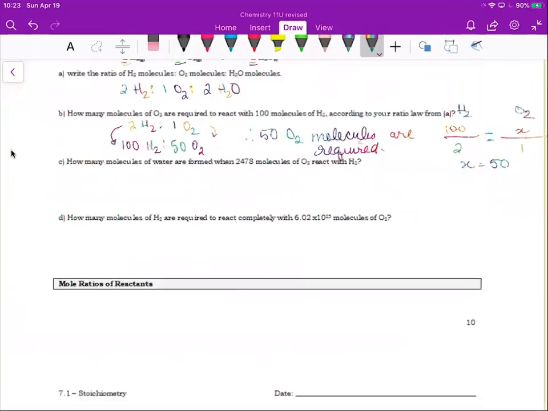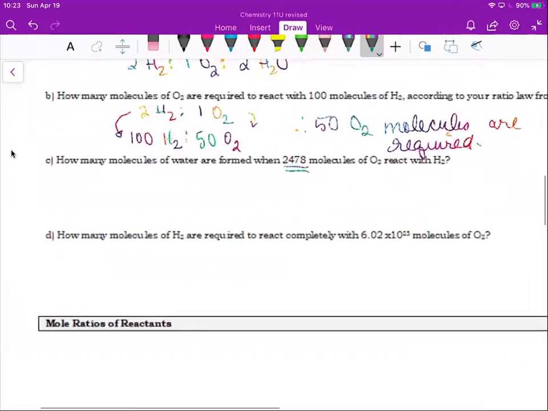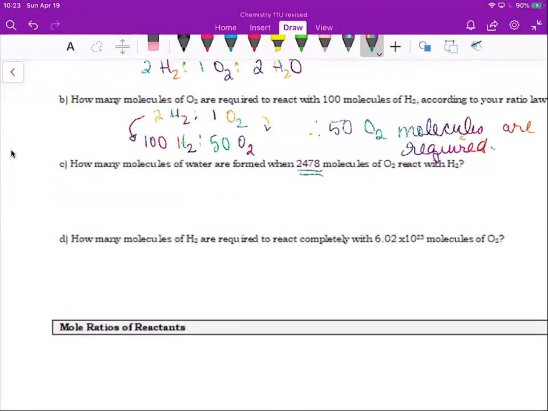That is more useful when you are dealing with strange numbers or uneven numbers like 2,478 molecules of oxygen. So it says, how many molecules of water are formed when 2,478 molecules of oxygen are reacted with hydrogen? We're assuming that there's lots and lots of hydrogen. So I'm going to set up my fraction equation, and this is going to be H2O, this is going to be O2, my numbers on both sides.